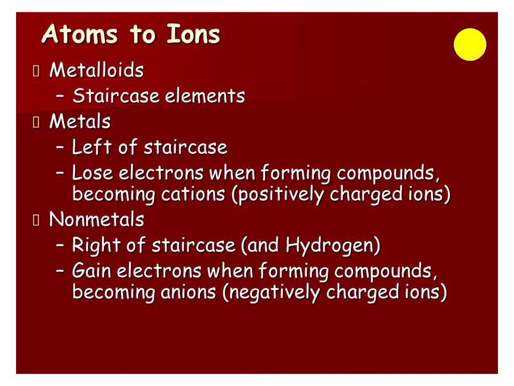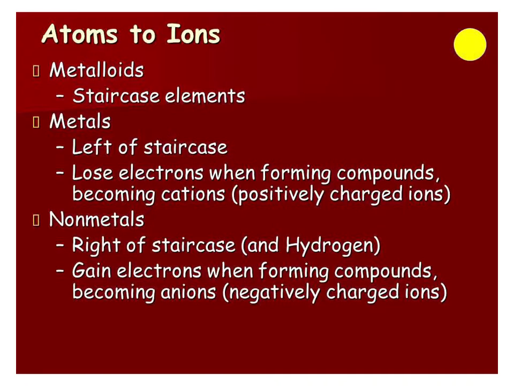So remember back to the atomic structure chapter in the periodic table chapter, we talked about atoms forming ions, right? A couple of things to remember again is that the metals, which are most of the elements on the periodic table and left of the staircase, are going to lose electrons when forming compounds, becoming cations, positively charged ions.